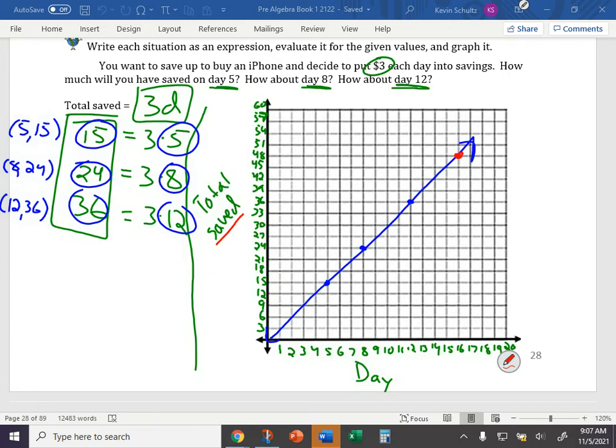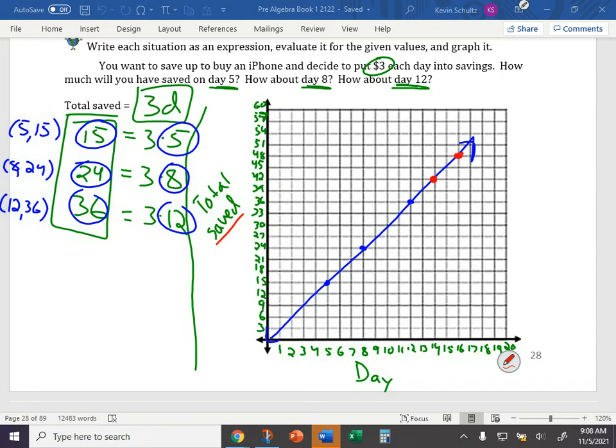So we look at 42, and we see how long it'll take us. Where does this hit the graph? Day 14. Okay? The advantage of graphing data is that we now have a very good visual. We can look at it, we can solve, we can answer multiple questions without having to calculate.